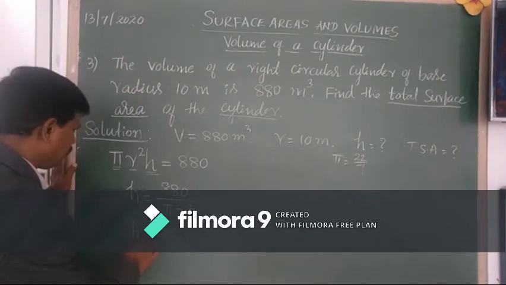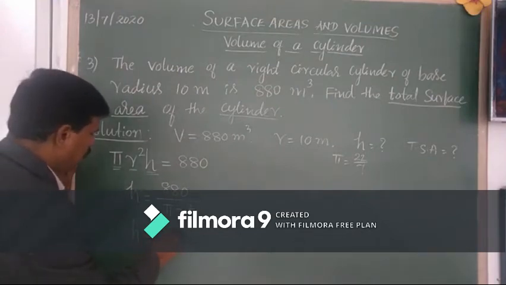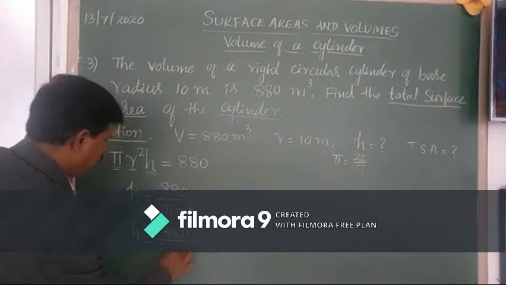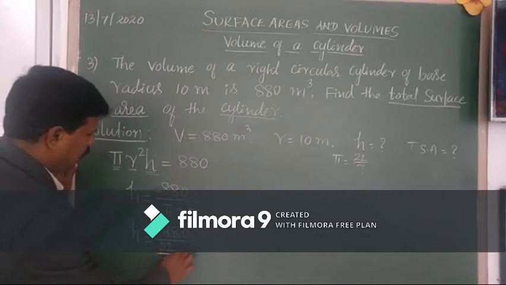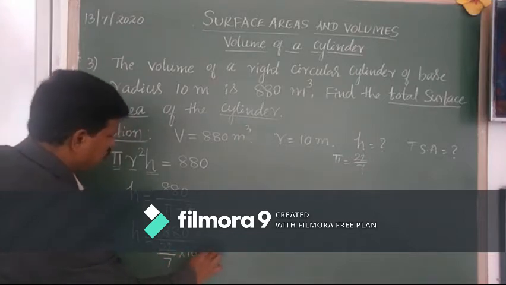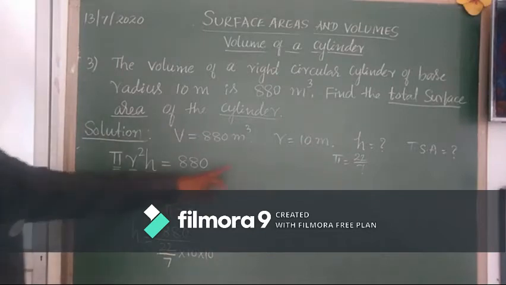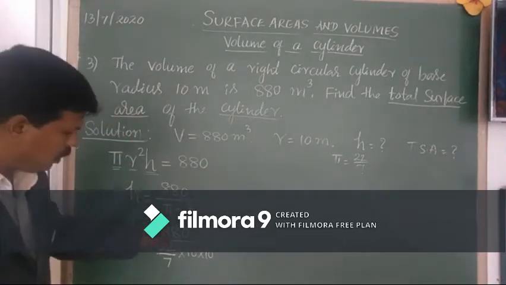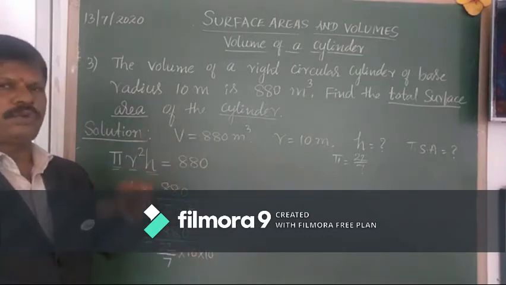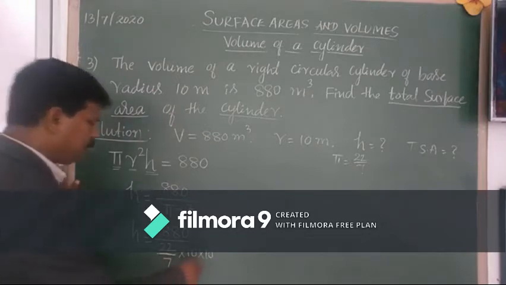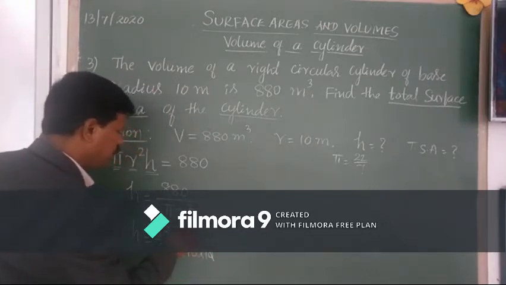Now h is equal to 880 whole divided by 22 by 7 into r square. I am splitting that as 10 into 10 because r is 10 meter. So r square you can write as 10 whole square or as 10 into 10. Now here you can cancel the 10 and 10.